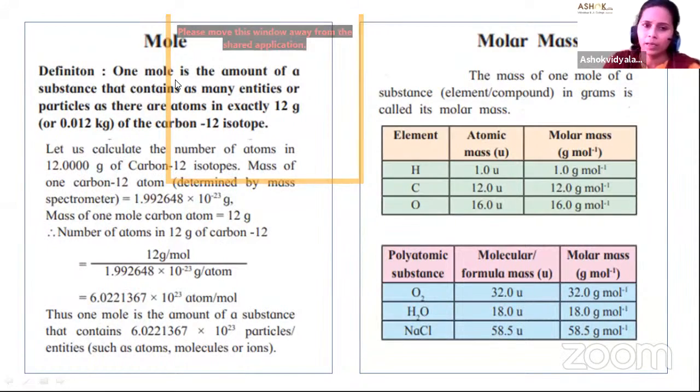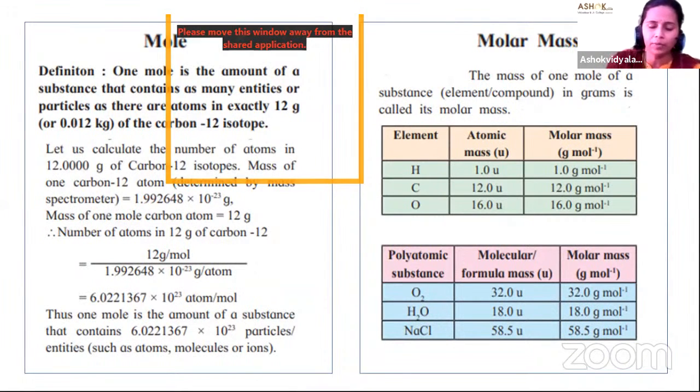Mole. Mole is again a very important concept which we have discussed. So 1 mole means what? The number of particles or different entities, like ions, molecules, atoms, which are present in 1 mole. 1 mole is an amount of substance that contains as many entities or particles as there are in 12 gram of carbon.